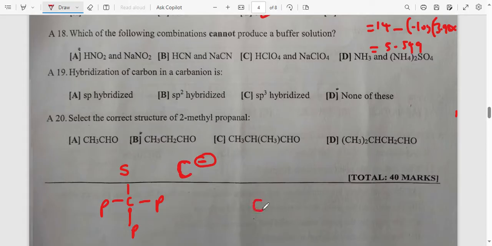If a carbon atom is bonded to only three things, just know that one of them is always an s, the others are p's. If a carbon atom is bonded only to two things, just know that one of them is an s, the other one is a p. So that's why I've got sp3, sp2, and sp. So now can you tell me what is the hybridization of a carbon atom in a carbanion?